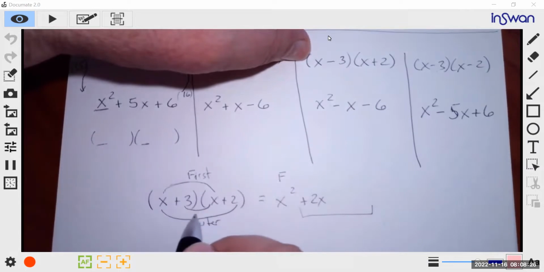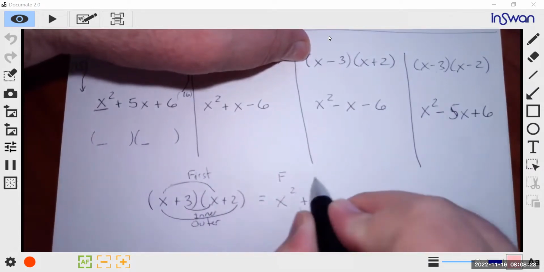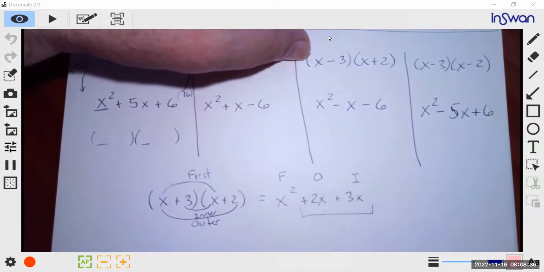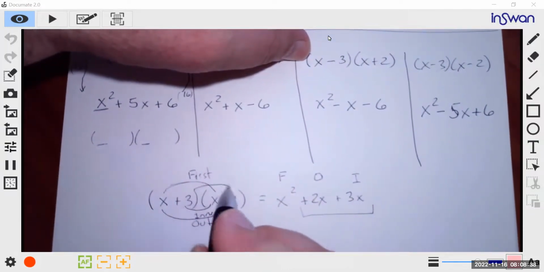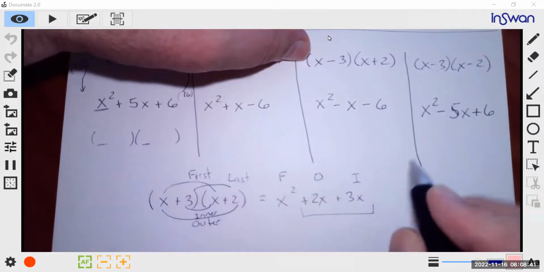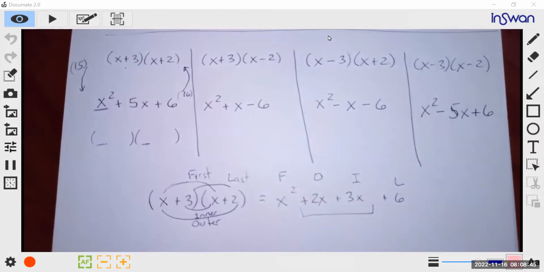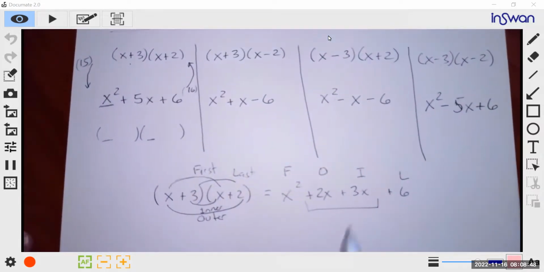And then the inner terms, and then the last terms. 3 times 2 is 6. That's why they call it the FOIL method, because each one of these positions depends on where they came from. So the final answer is X squared plus 5X plus 6.